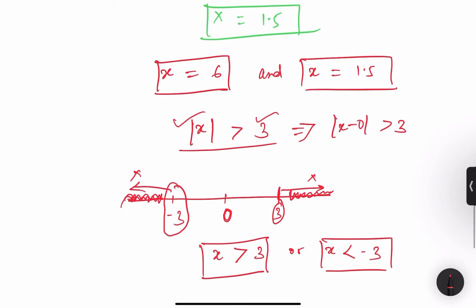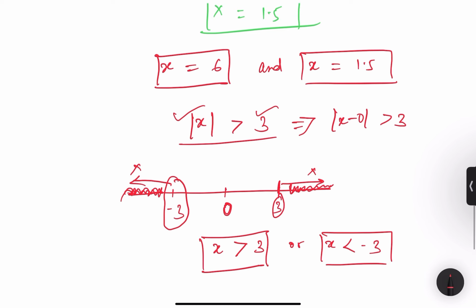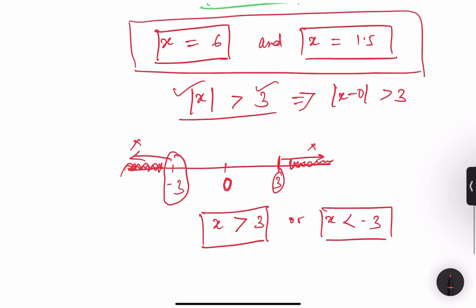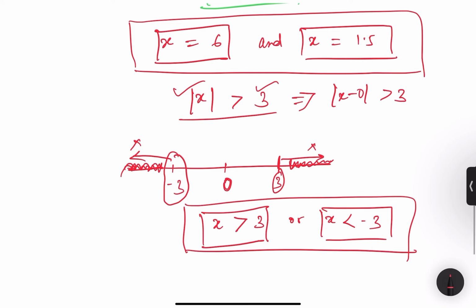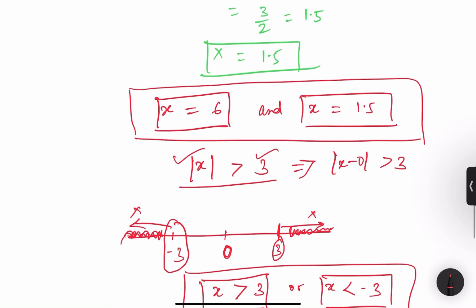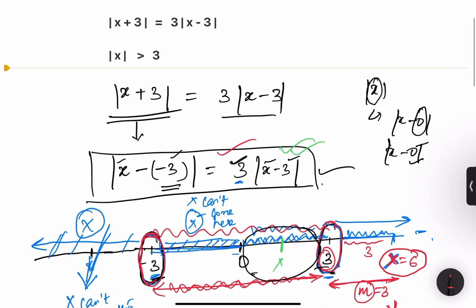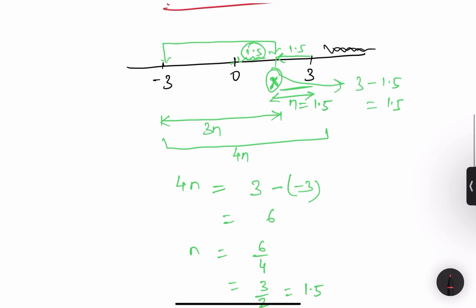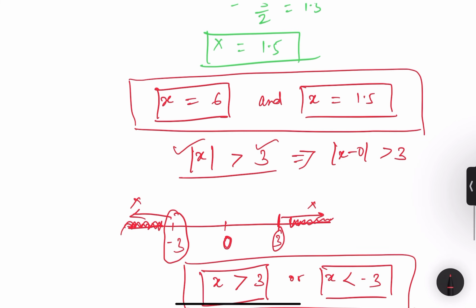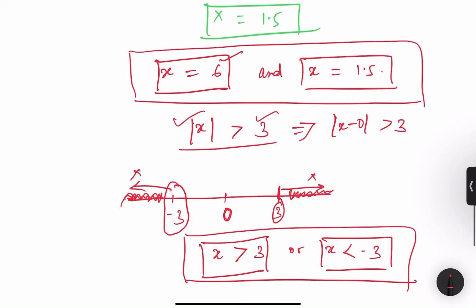Now when we see both the solutions, what do we get? From here we see x is equal to 6 and x is equal to 1.5.